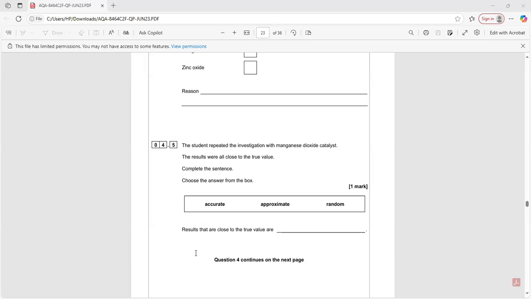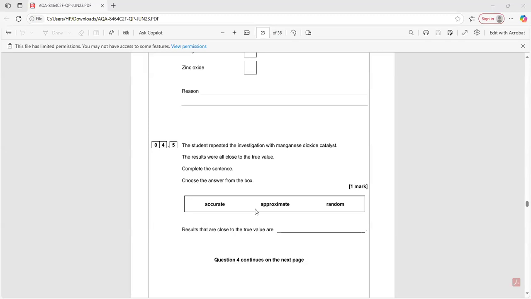The next question says, the student repeated the investigation with manganese dioxide catalyst. The results were all close to the true value. It now says complete the sentence. Choose the answer from the box. Results that are close to the true value are what? Approximate, right? Yes.